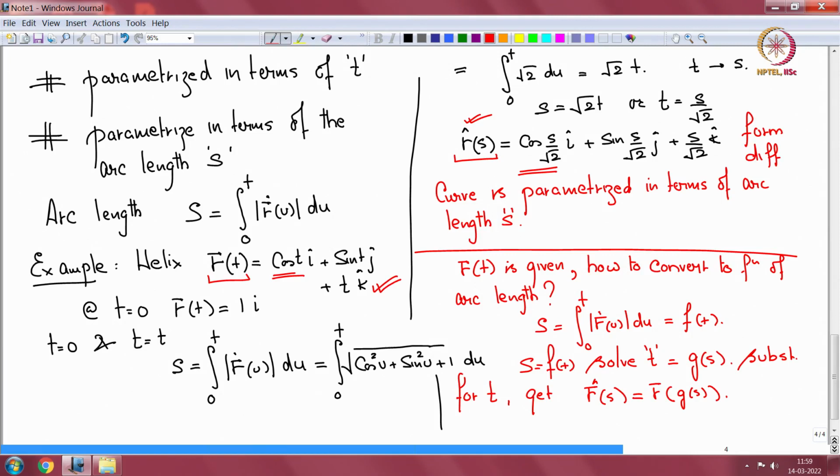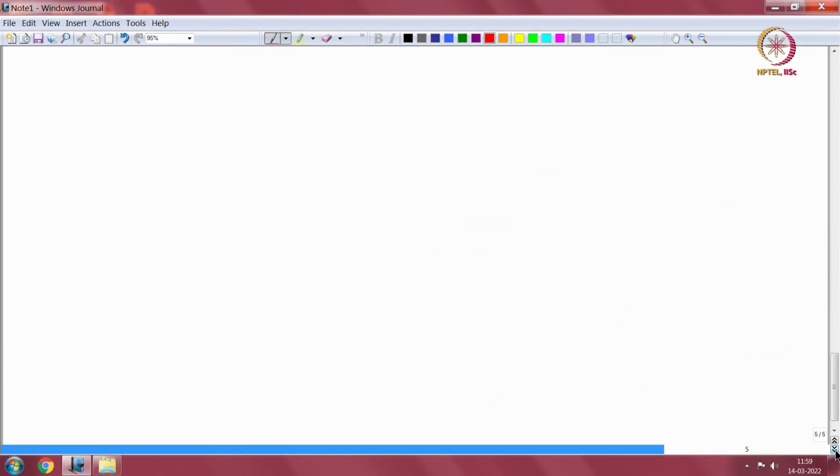Okay. Now there are some interesting things here. So s of t is known, written as the integral from 0 to t of magnitude r dot of u du.